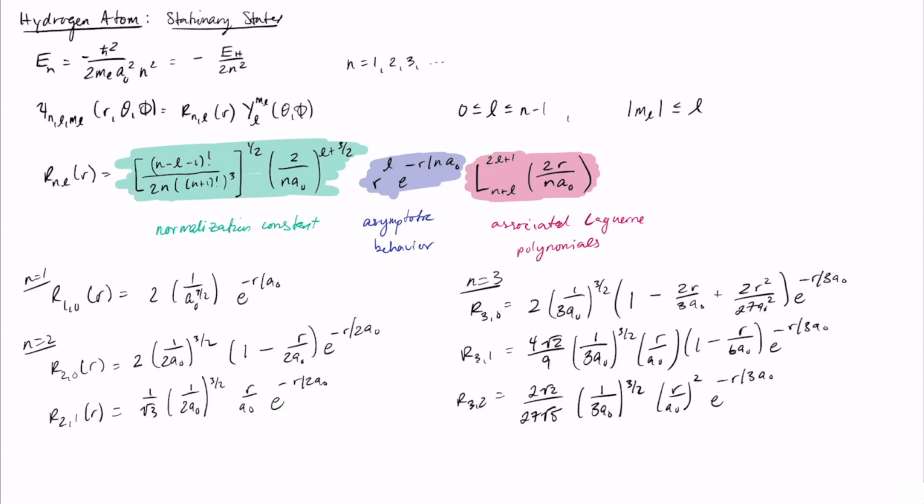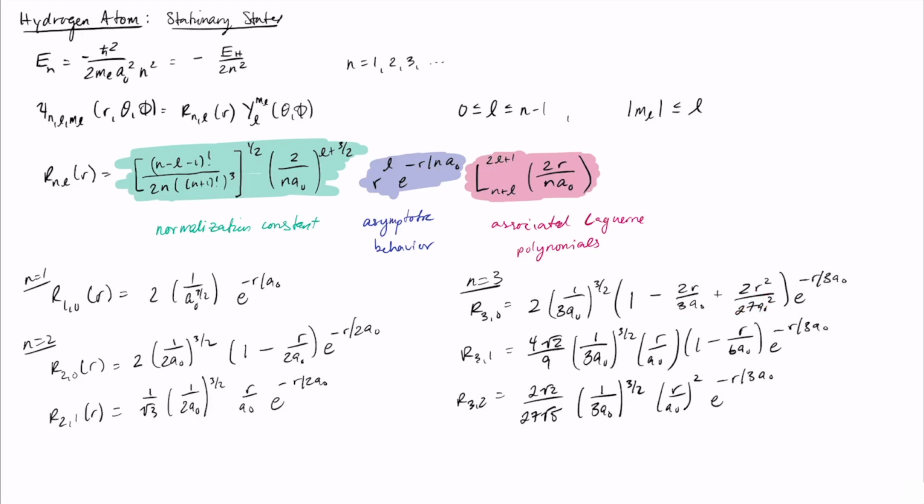And then we see the same trend going up here, so n equals 3, l equals 2, there is basically just a trivial Laguerre polynomial. You decrease l by 1, and you now get up to a power of 1 in the polynomial, and you decrease l again, then you get up to power 2.